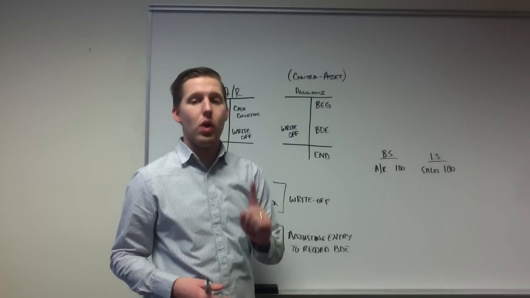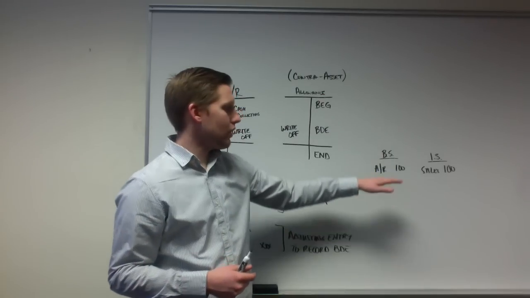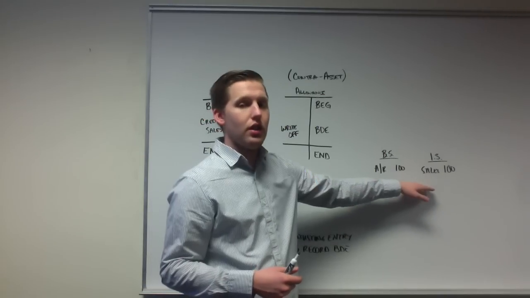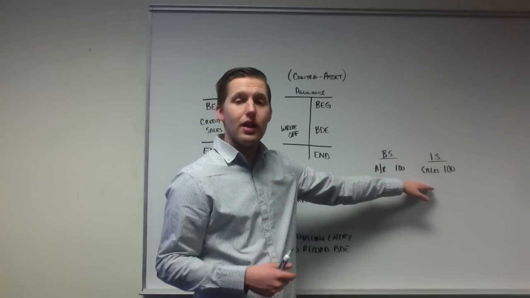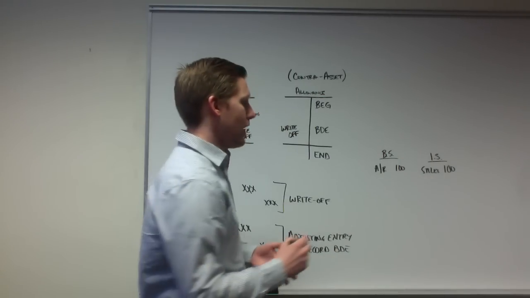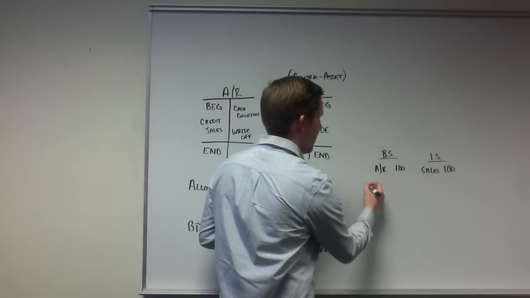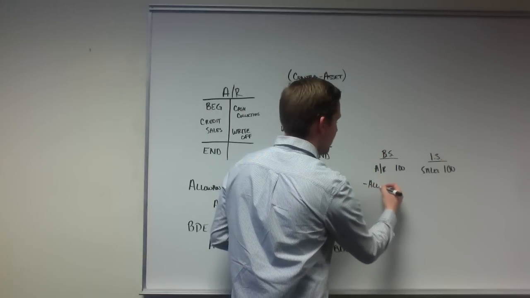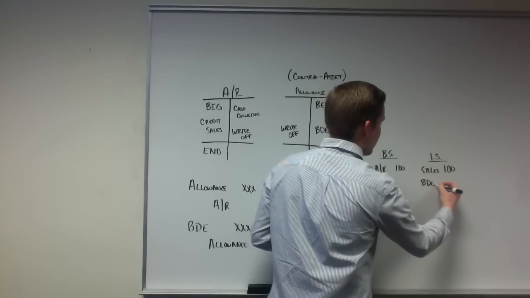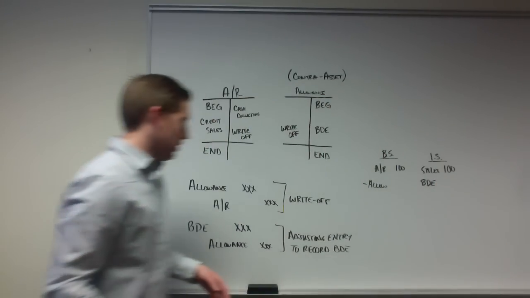So I make one journal entry to fix both my accounts receivable on the balance sheet and to take a hit or record an expense on my income statement. So I do that by recording an allowance and by showing bad debt expense. And I can do that in one journal entry right here.